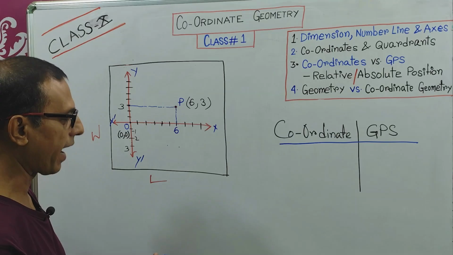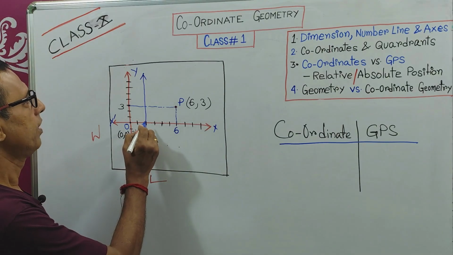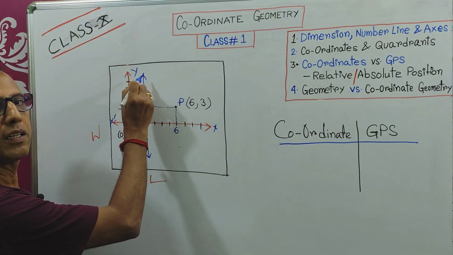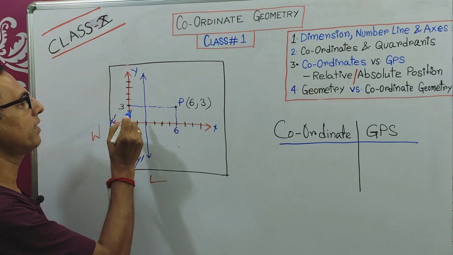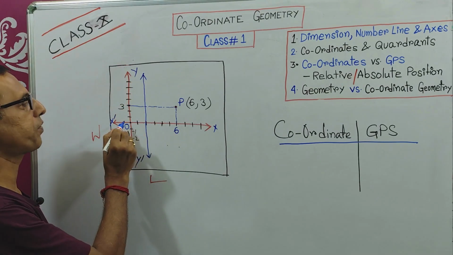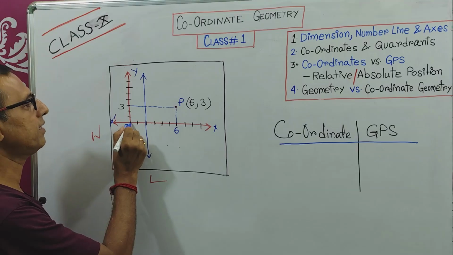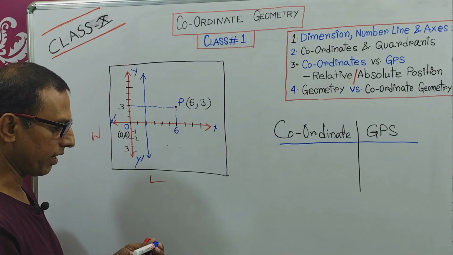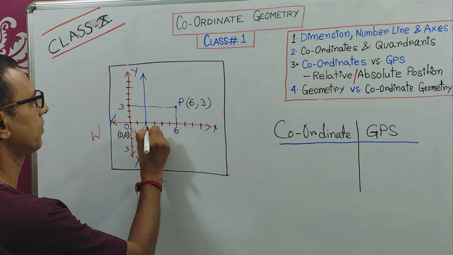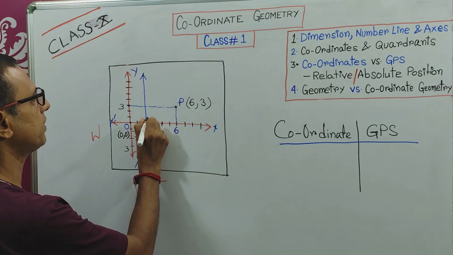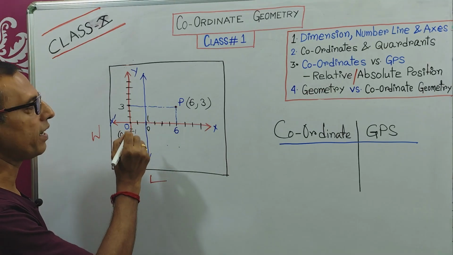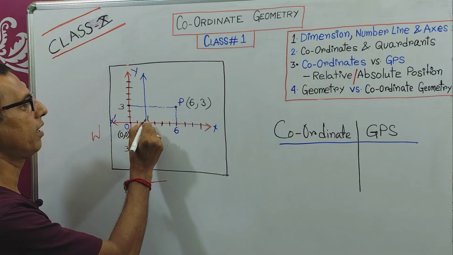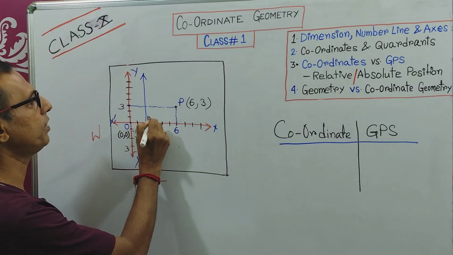Now if I change the axis, okay. If I move the y-axis 2 units right from the current origin, that means the new origin will come at this position. So this will be 0, 0. Now with the revised scenario, this will be the origin.